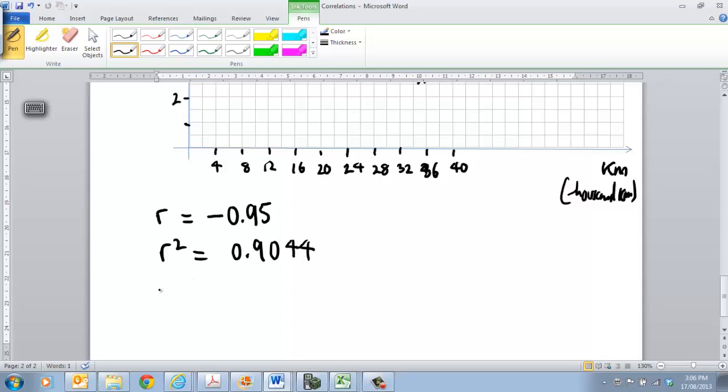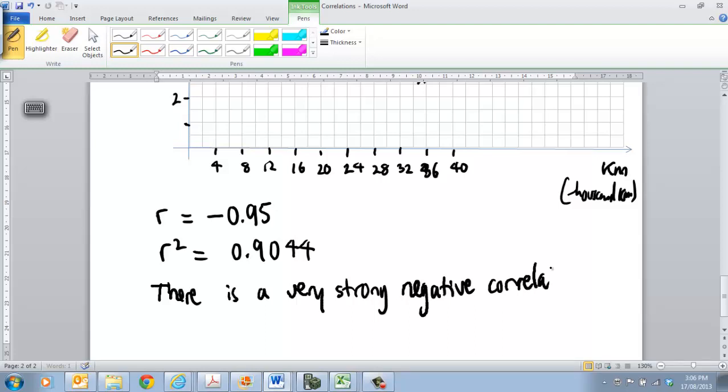So what we'd say is there is a very strong, because it's a strong correlation, very strong negative, because it's going downwards, correlation between the tread depth and kilometres travelled.